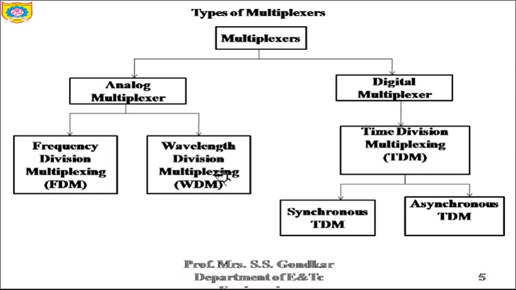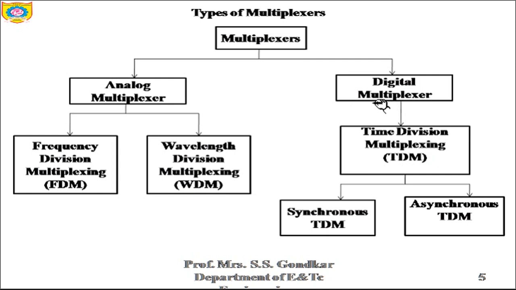As it is related to wavelength, the example for this is light, and the cable which carries light is an optical fiber cable. So the optical fiber cable is the best example for WDM, where different wavelengths are merged into a single light for communication. Coming to the next part, that is the digital multiplexer.